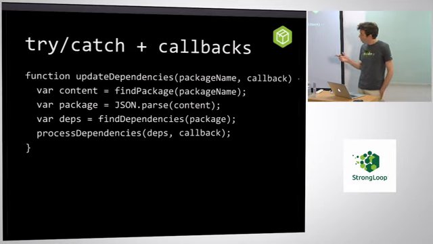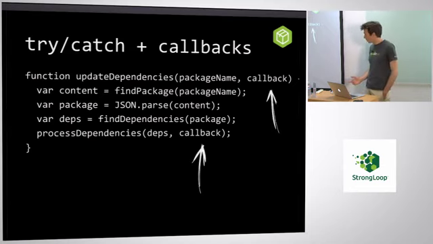So to modify the original function a little bit, we're going to make the last function, process dependencies, asynchronous. And so what we need to do is pass in a callback, to handle the error, into our function that is asynchronous.